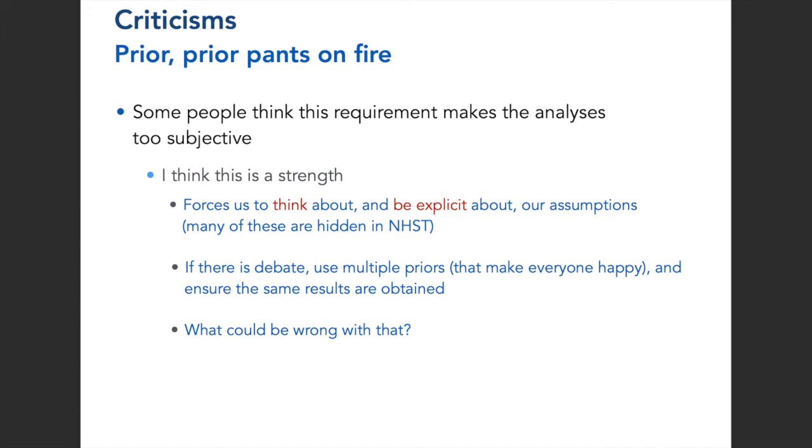And you have to be explicit about it, whereas all those assumptions are kind of hidden in null hypothesis significance testing. If there's debate about what priors are appropriate, again, we can use multiple priors and make everyone happy and ensure that we get the same results, right? So what could be wrong with that? So again, I think that this use of priors is a strength rather than a weakness.